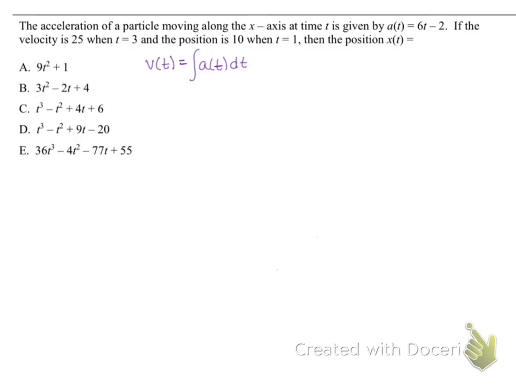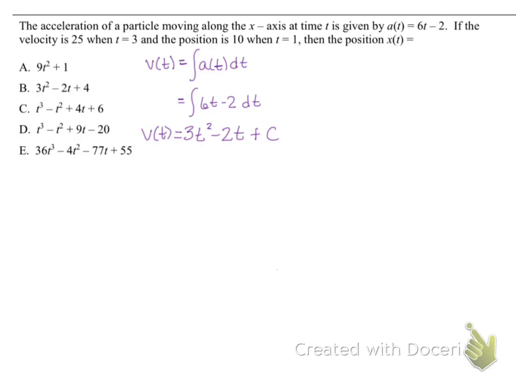Now we don't have time intervals here. Okay, so it's going to be an indefinite integral. So if we integrate 6t minus 2 dt, well, that's going to be, okay, so t squared, you're going to divide 6 by 2, so you get 3t squared minus 2t plus c.